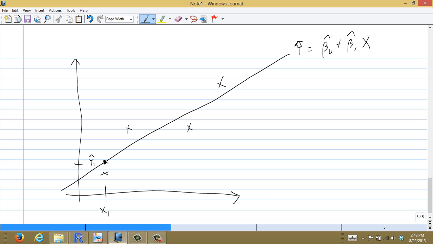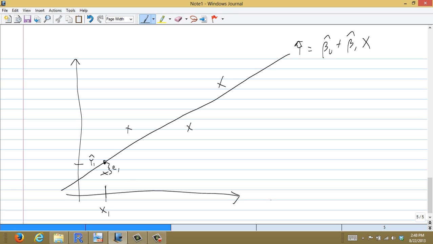So the first fitted value in this example is the location on the vertical axis where the estimated regression function and the vertical line from the first value of the predictor variable intersect. We have our estimated regression function, we have our first fitted value, and the residual is going to be the vertical distance between the actual response and the estimated mean response.